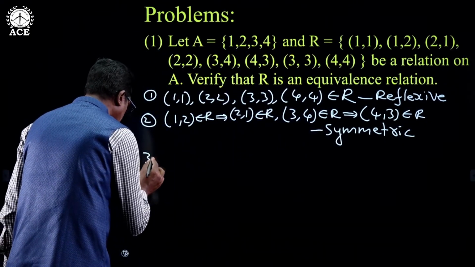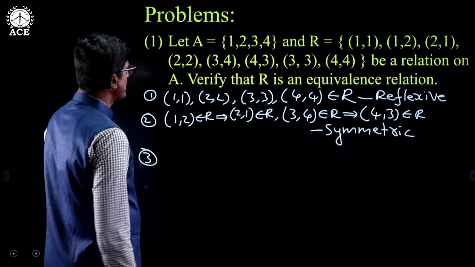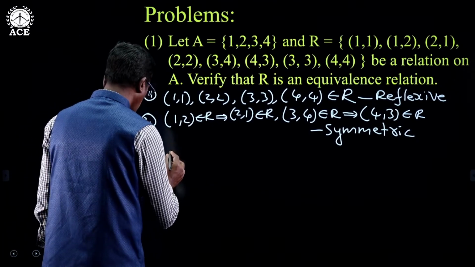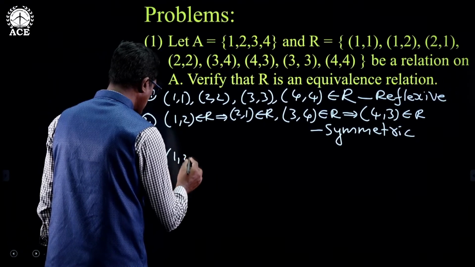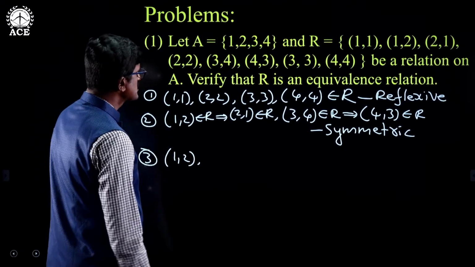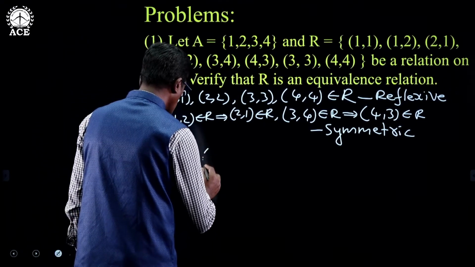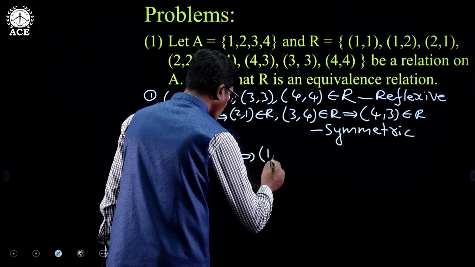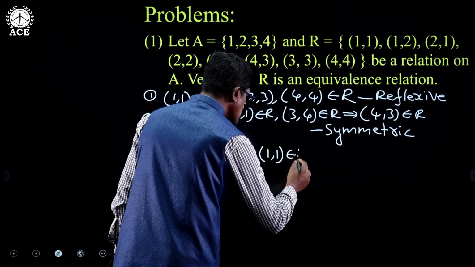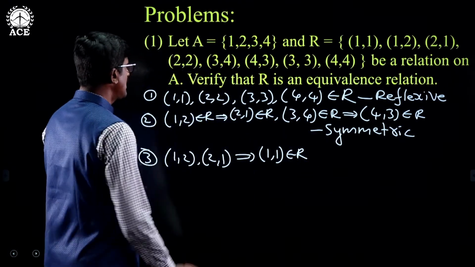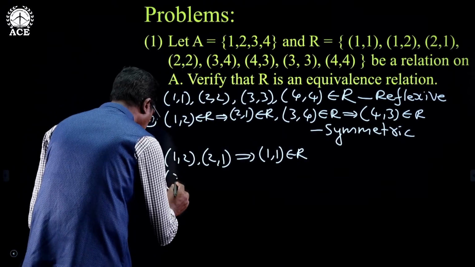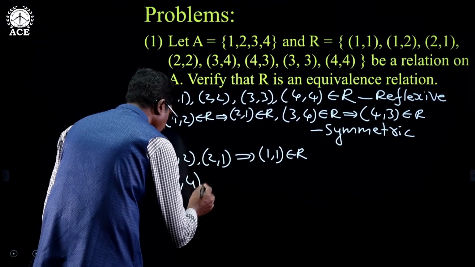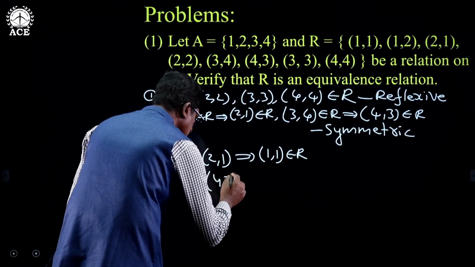Now, I am going to verify the transitive property. So, here (1,2) is there, next (2,1) is there. This implies (1,1) also belongs to R. Similarly, (3,4) is there, (4,3) is there.